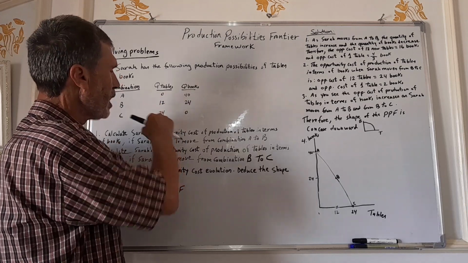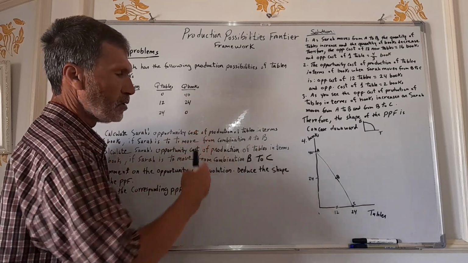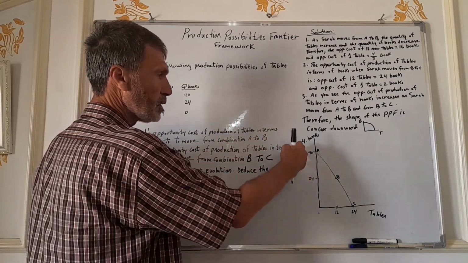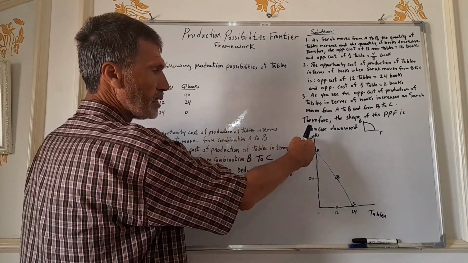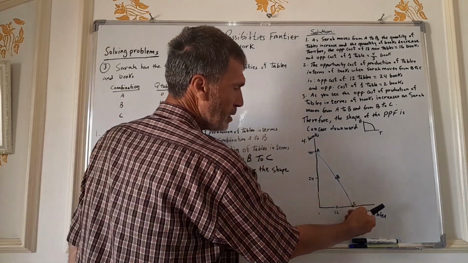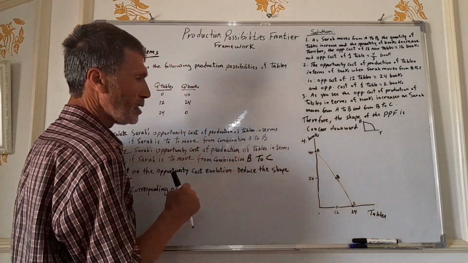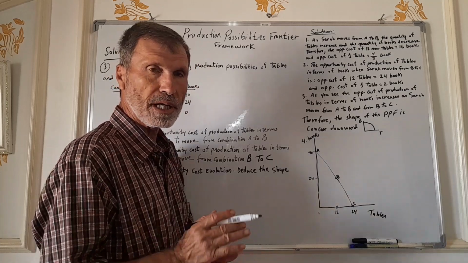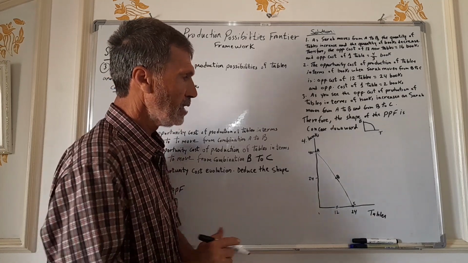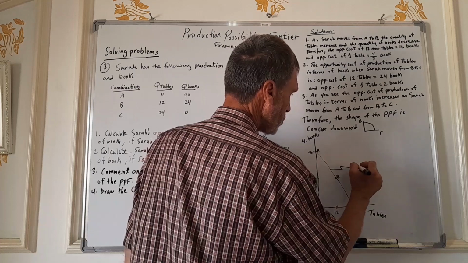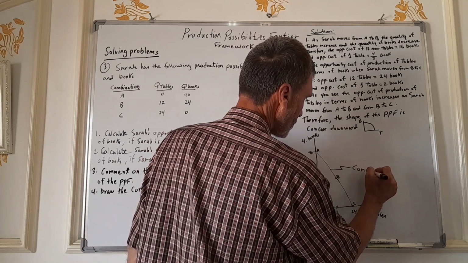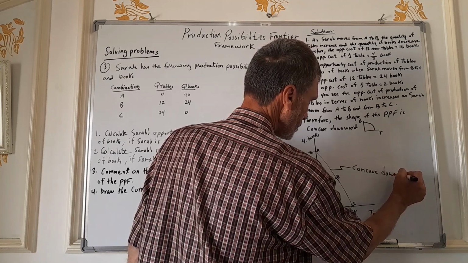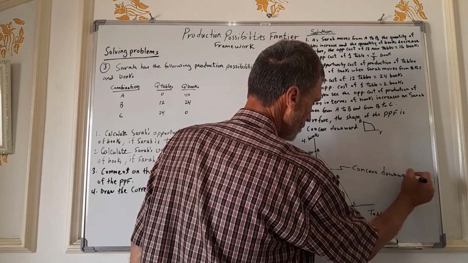So we usually put the one that is increasing along the horizontal axis, and the one that is decreasing along the vertical axis. So books is along the vertical axis and tables along the horizontal axis. And you can see that we get a concave downward PPF.